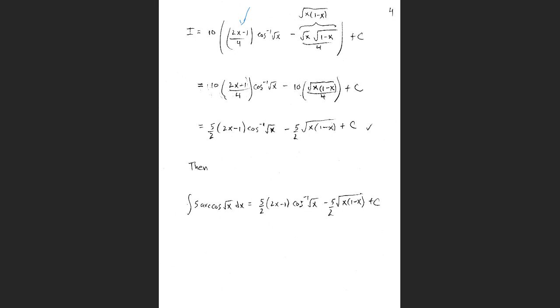And the square root of x times the square root of 1 minus x can just be written as the square root of x times 1 minus x. Then I only need to worry about 1 square root. And I want to distribute the 10 to both of these terms. I mean, why not, right? Nothing wrong with that. And that's going to get me here.